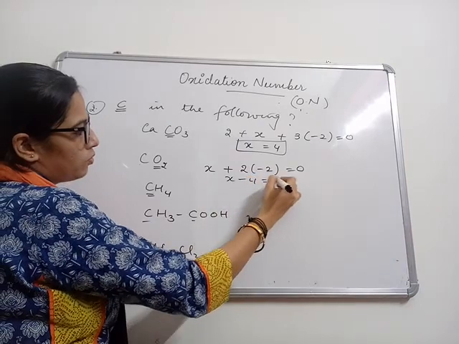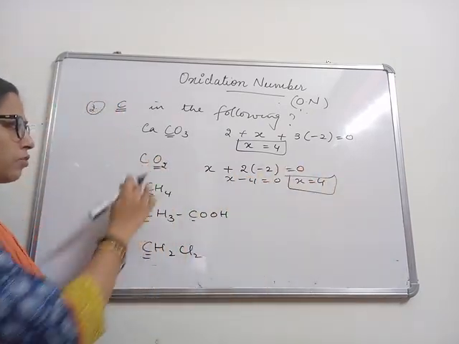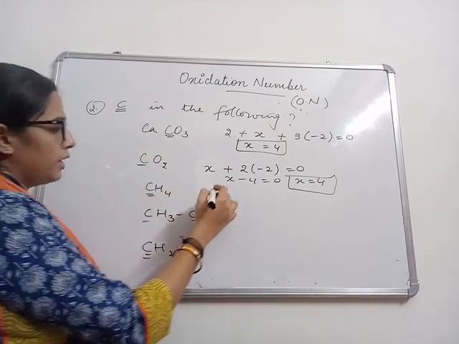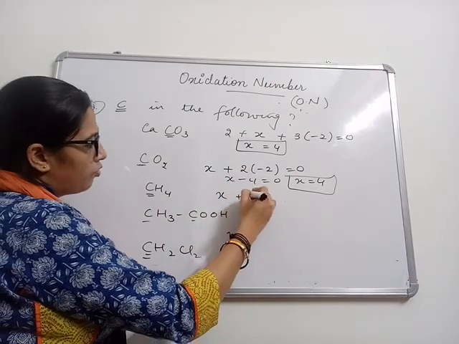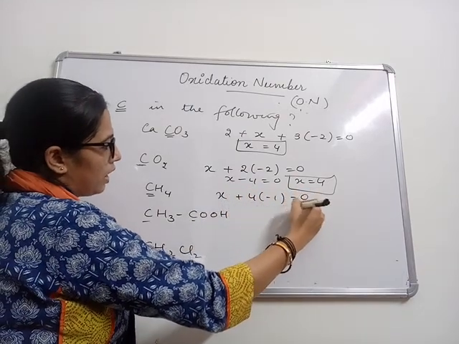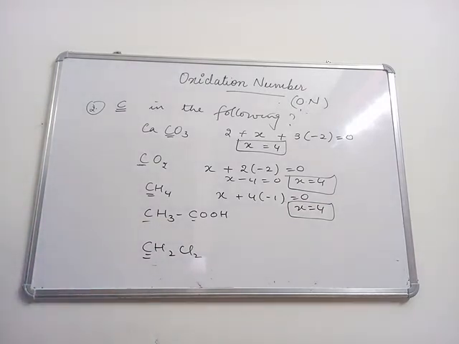So X minus 4 is 0 or X is equal to 4. Again in carbon dioxide, carbon is in +4 state. In methane, carbon is the non-metal and hydrogen is the metal, so carbon X, 4 hydrogen with +1 and you have this as -4. So carbon in methane is in -4 oxidation state.